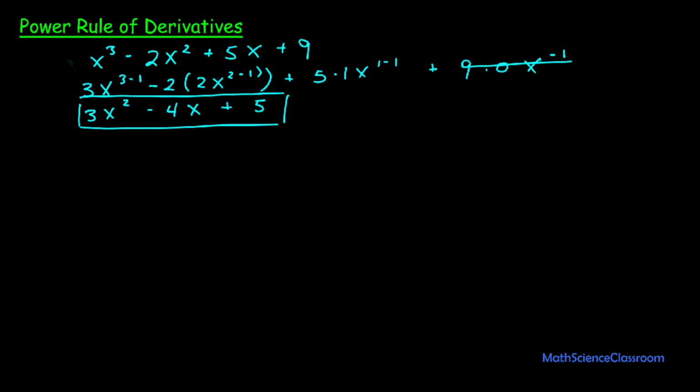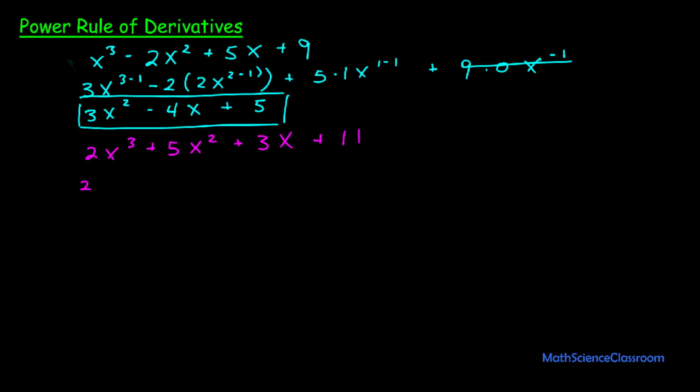Okay, let's do another. So 2x cubed plus 5x squared plus 3x plus 11. So we use the constant multiple rule.